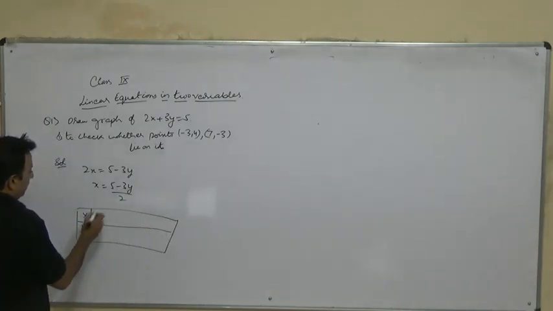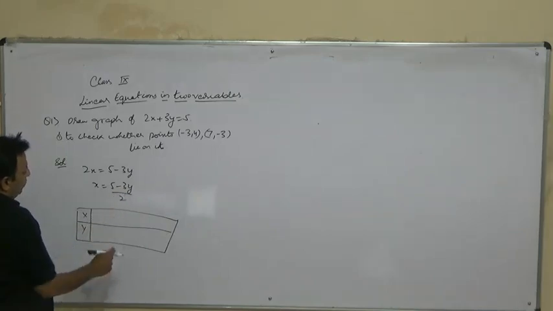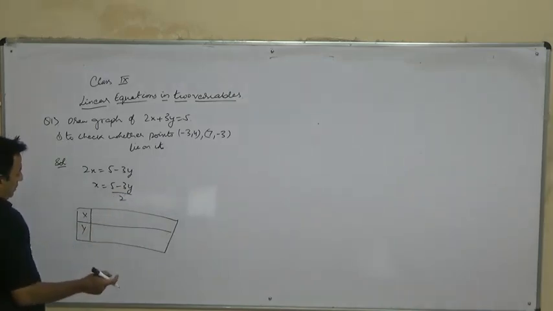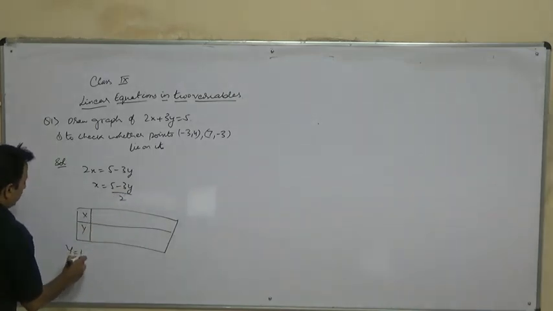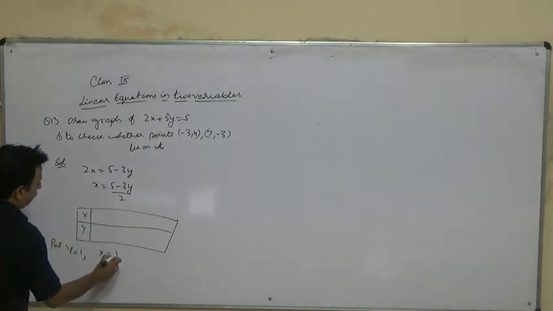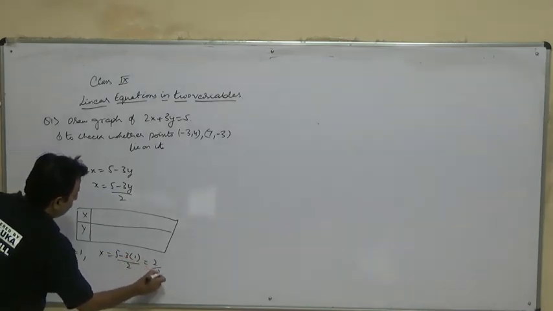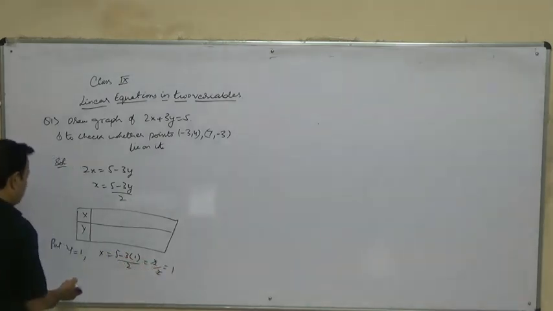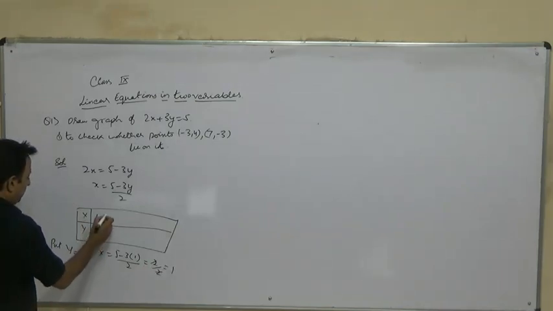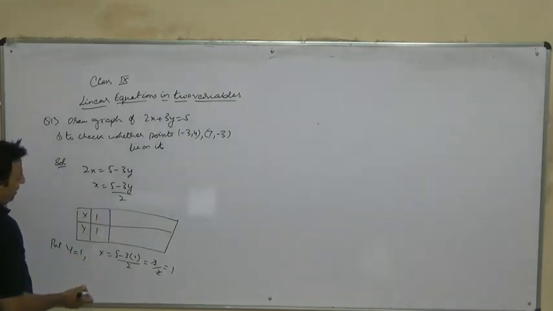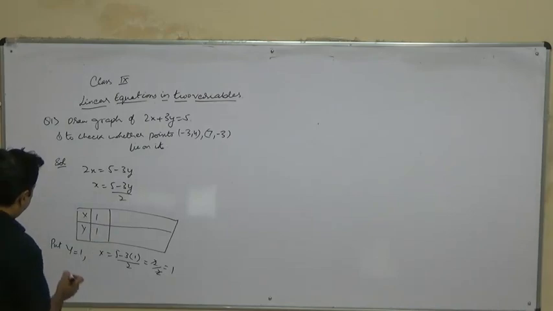x, y. So if we put y is equal to 1 here, what we will get? x is equal to (5 minus 3 into 1) upon 2. So 2 upon 2, it will be 1. So this is 1, 1. Then y is equal to 3.